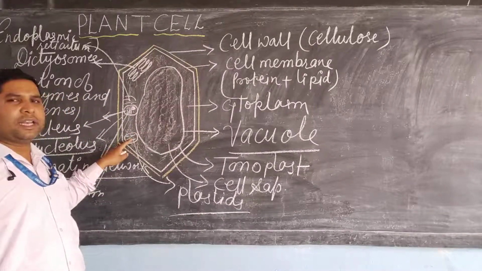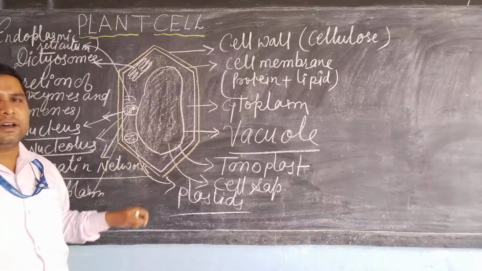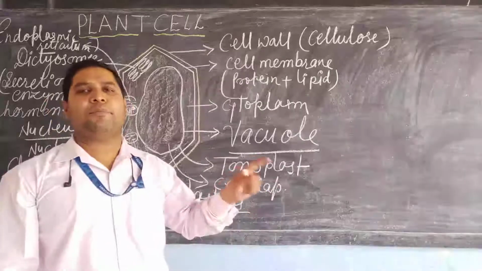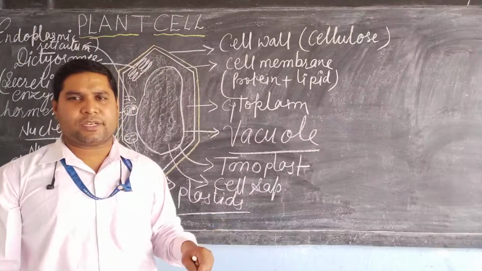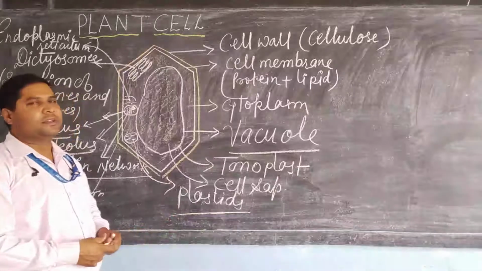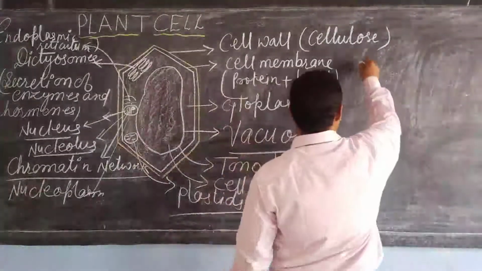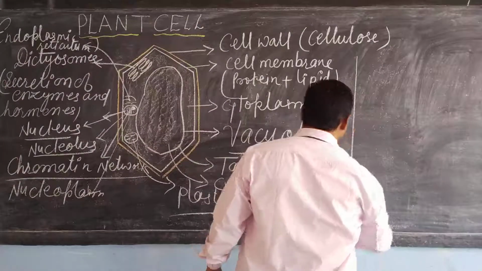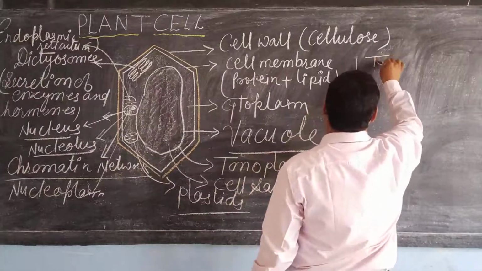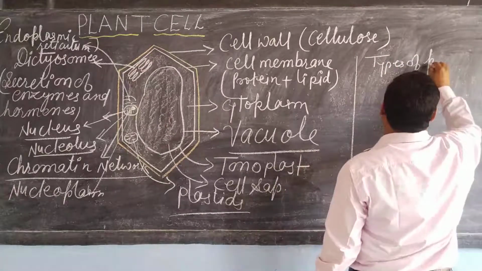Plastids are the organelles which are responsible for giving color to the plant. So dear student, according to the function, plastids are of three types.